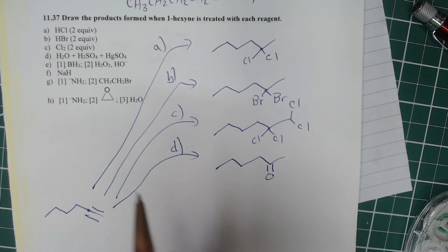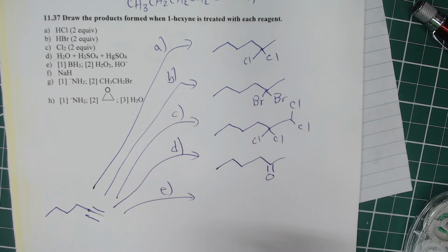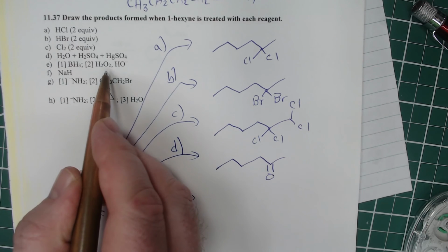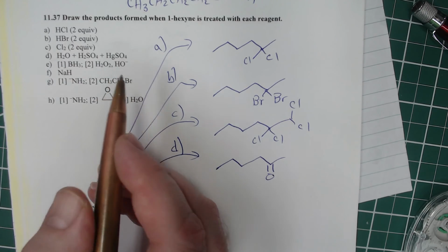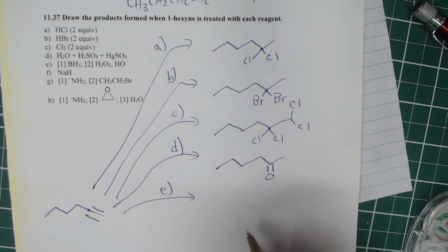All right, for E, we've got hydroboration followed by oxidation. That is going to give us anti-Markovnikov addition of HOH across the carbon-carbon triple bond.